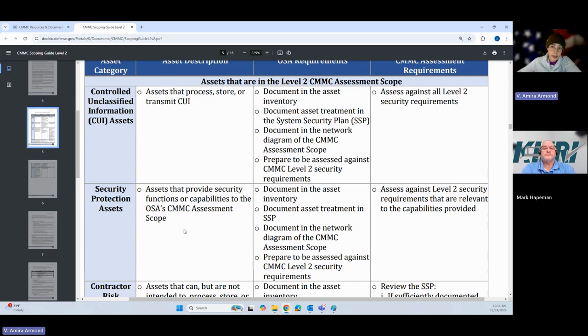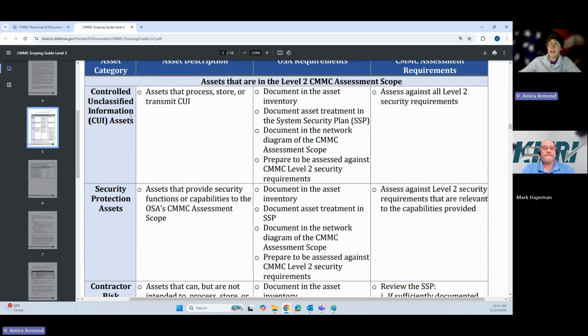In most cases, it doesn't give clarity. The assessors are going to generally take the highest requirement and apply it. So if you've got something that is both a CUI asset and provides security functions to you, a security protection asset, we're going to feel the need to assess it against all level 2 security requirements because that's the higher one. So just be ready for that.